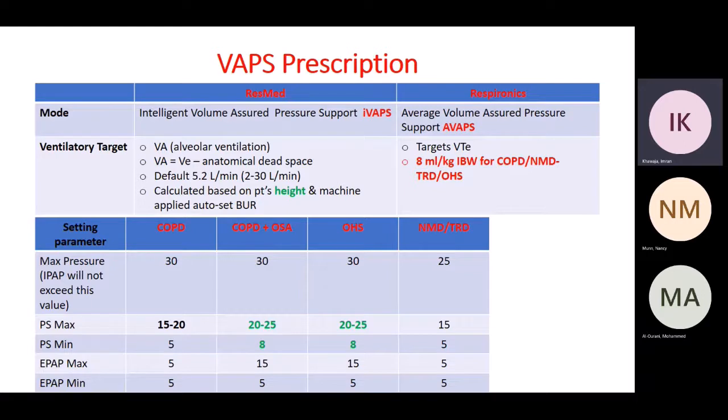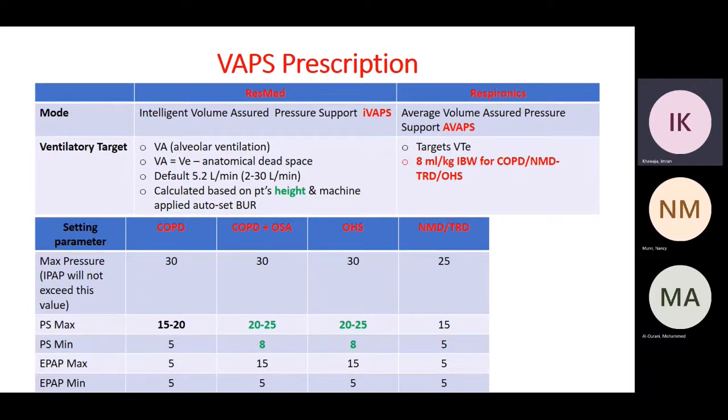And this has a clinical application because AVAPS-AE in the United States is only available in home ventilators. But in Europe and other places, they have it. It's just an add-on software.